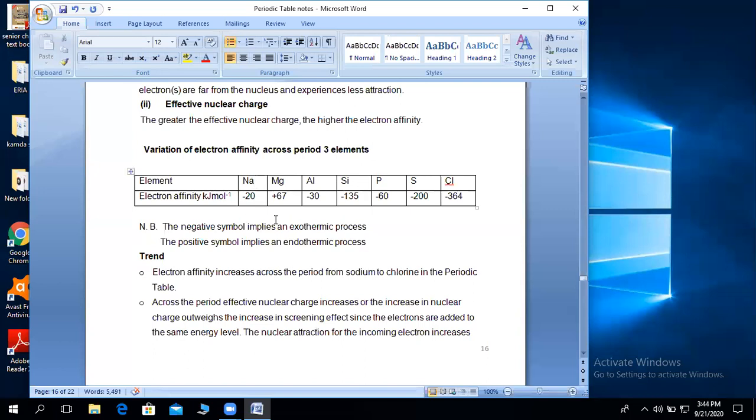But from one element to another, there is an extra electron added to the already existing energy level.